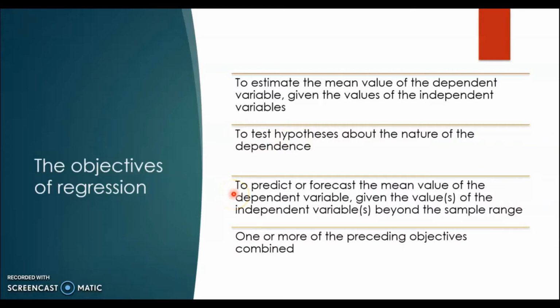The third objective of regression analysis is, of course, to predict or forecast the mean value of the dependent variable given the values of the independent variables beyond the sample range. Even though we rely on the data that we obtain from a sample, we may use the regression analysis to make forecasts of the movement of the dependent variable in its mean, given the values of the independent variables.